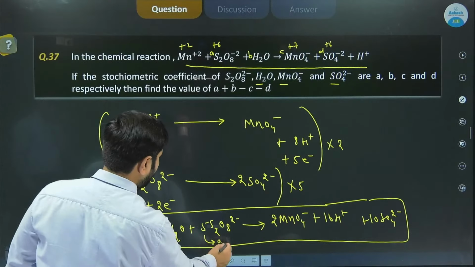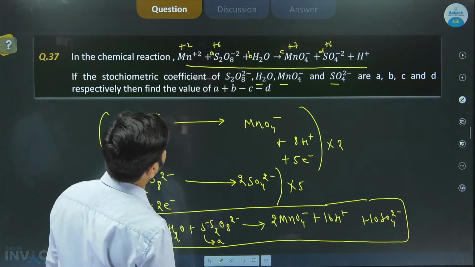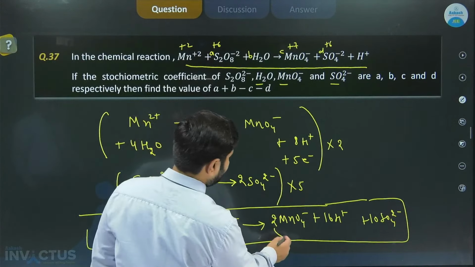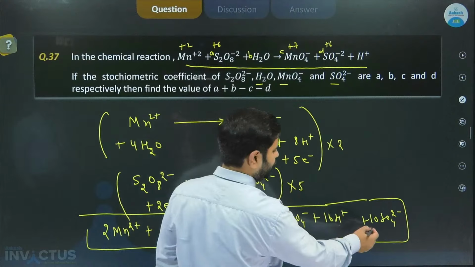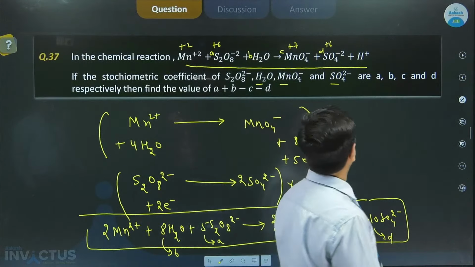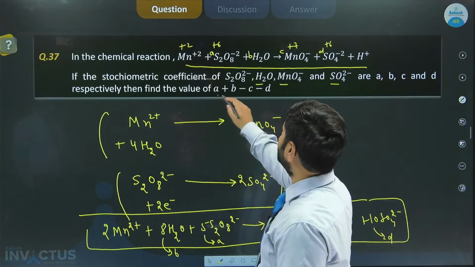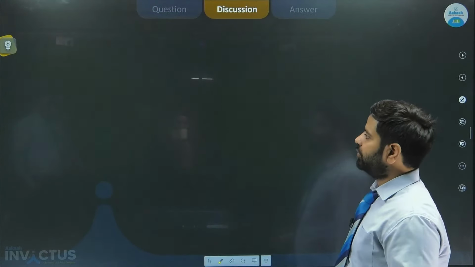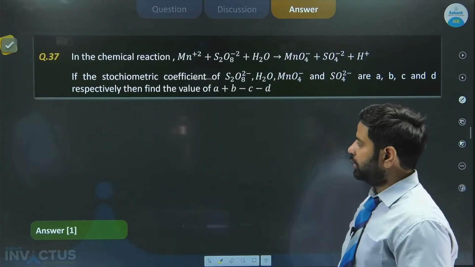This is the A, and this is B, and MnO4 minus is C, and D is this. And it is asking about A plus B minus C minus D. You can simply calculate. Let's check the answer to this question. The answer given is 1.